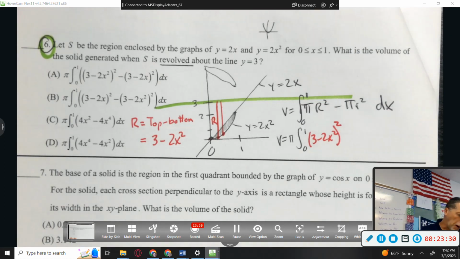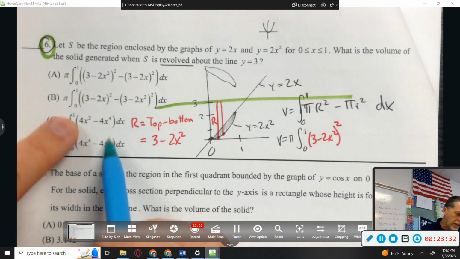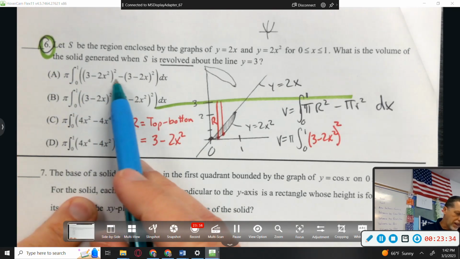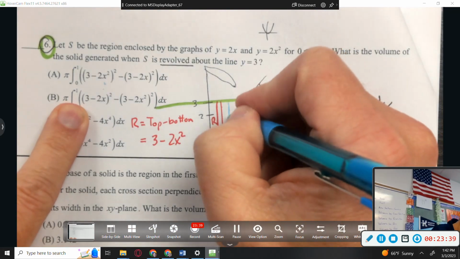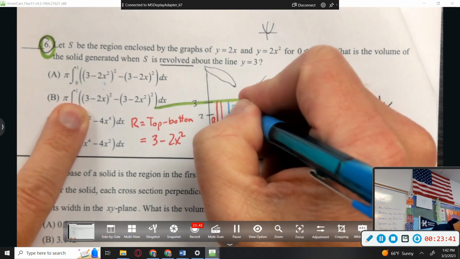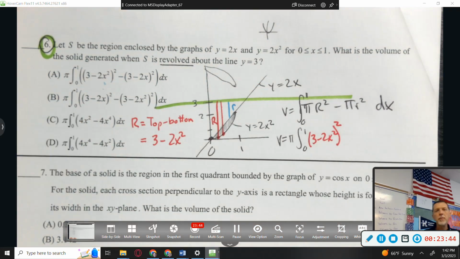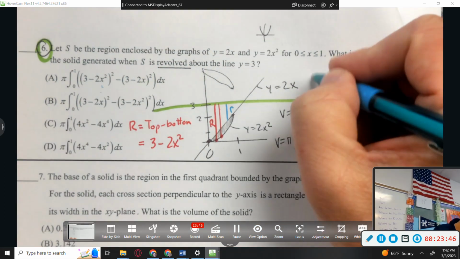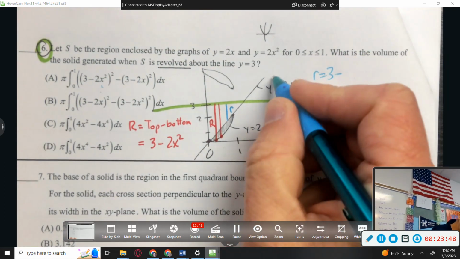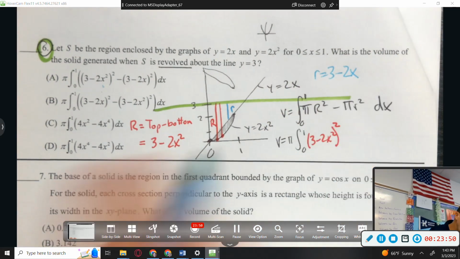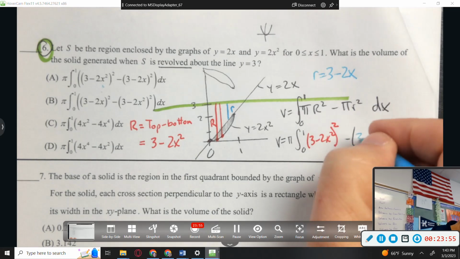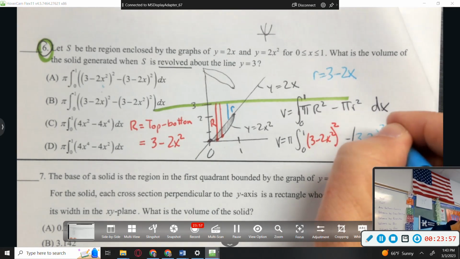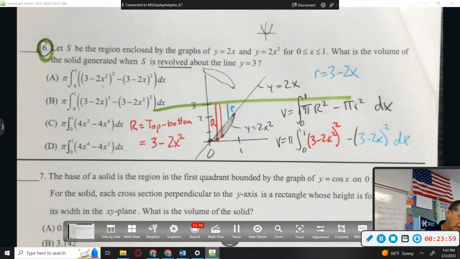And then little r, by the way, as I'm looking at my answer choices, A looks like a clear winner here, but we better make sure. Little r is from the axis to the inside edge. So that's 3 minus 2x. Little r is 3 minus 2x, squared, dx. And that is still answer choice A, I think.